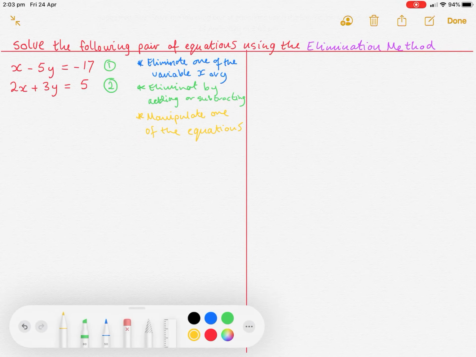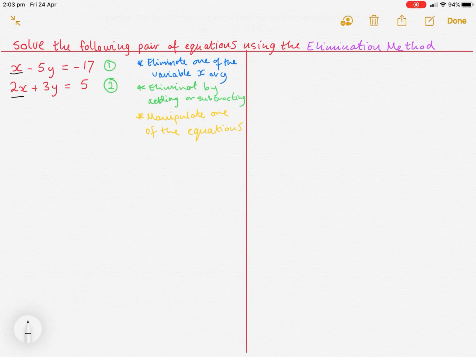What I would do here, something that makes it a bit easy for me to see, is that we've got an x here and a 2x here. So if we could change this one to a 2x and then subtracted 2x minus 2x, you get 0, and we have eliminated it. But you can't just add the 2 in front. To keep this whole equation the same, you need to multiply everything by 2.